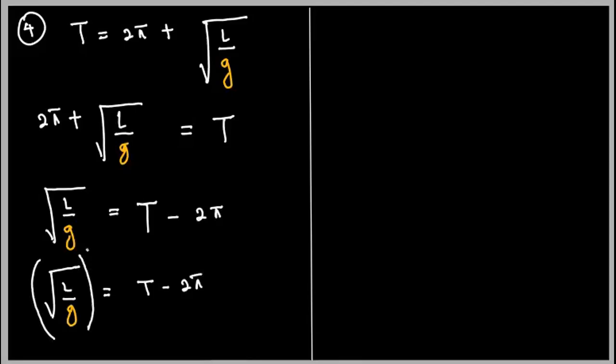Squaring both sides, the square will cancel the square root. Then I'll have L over G equal to, we now have T minus 2 pi all squared.